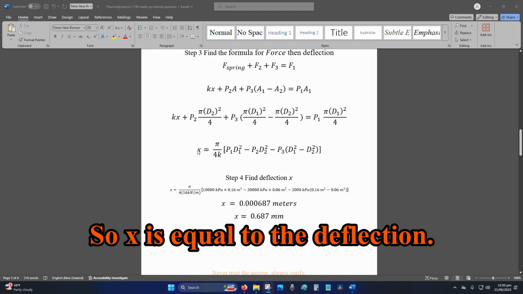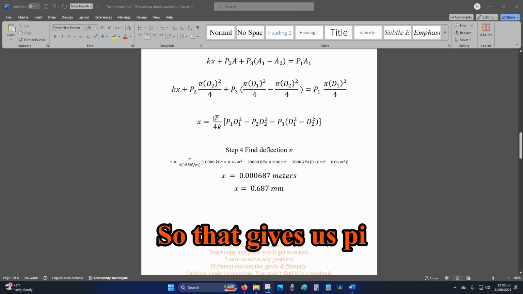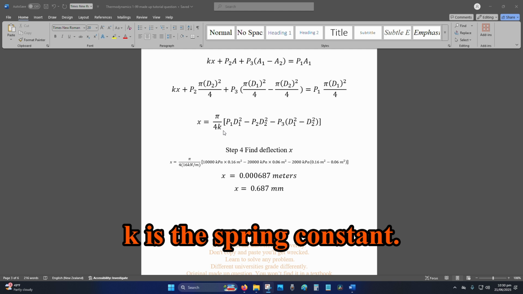So x is equal to the deflection. So that gives us pi divided by 4 multiplied by k. K is the spring constant.